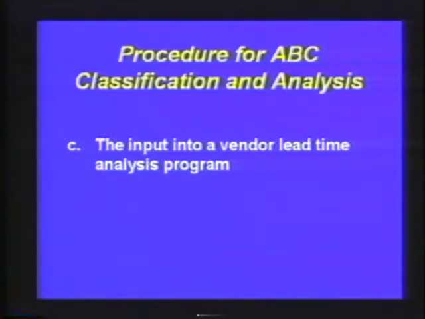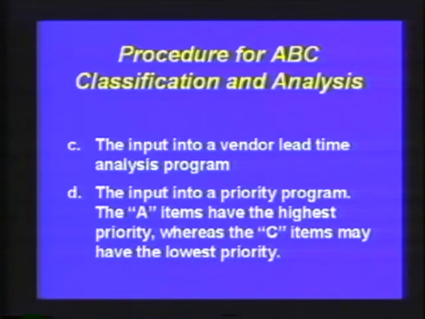It's also used in some cases as the input into a priority program, where purchase orders and, let's say, manufacturing orders are indicated by part number, what the class code is, A, B, or C. And the concept here is that if I get several orders in and receiving in stores, or I get some manufacturing orders in, process the A items first, then the B's and the C's, and try and get the fastest response to receiving inspection, and then maybe issuing against either planned or unplanned maintenance work orders.